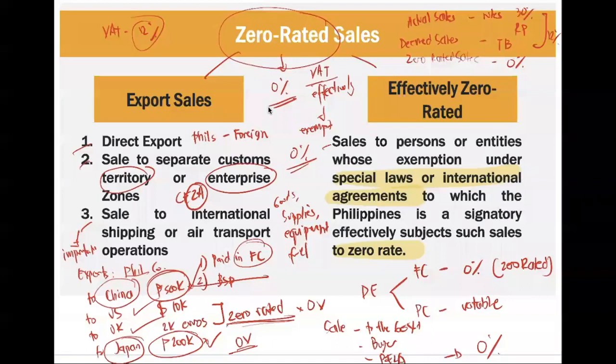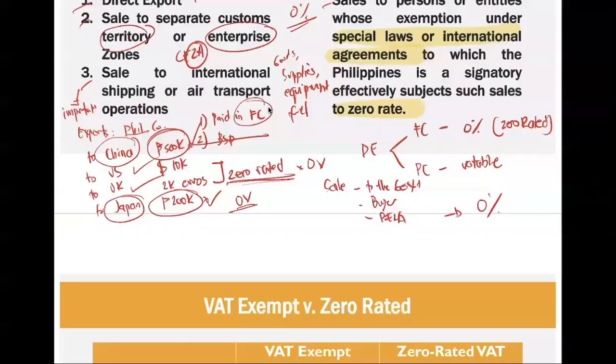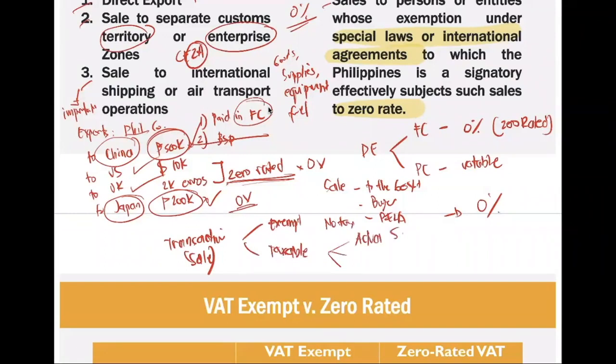Again, guys, when you are confronted with a problem, you look into the transaction. Okay, so this is the transaction which is considered a sale. Look if ever it is exempt. If it's exempt, then no tax. If it is taxable, you look into whether it is an actual sale, 12% output VAT. Deemed sale, 12% output VAT. And then zero rated sale, 0% output VAT.